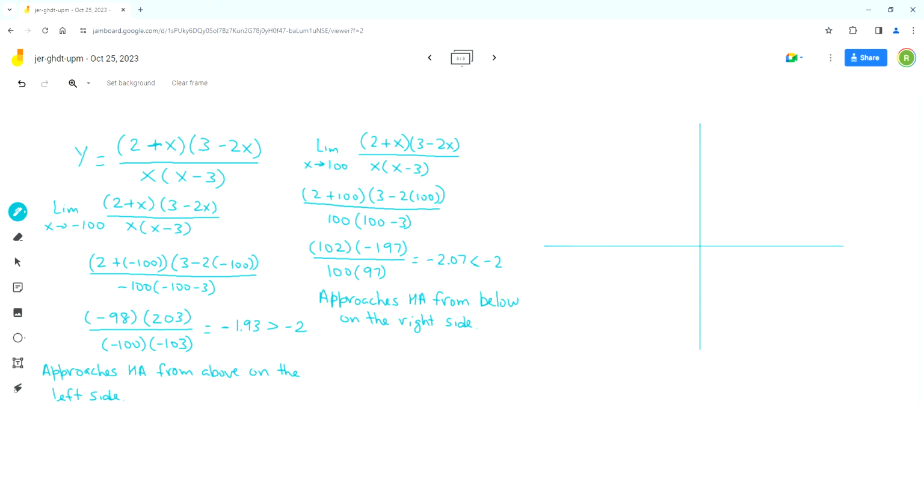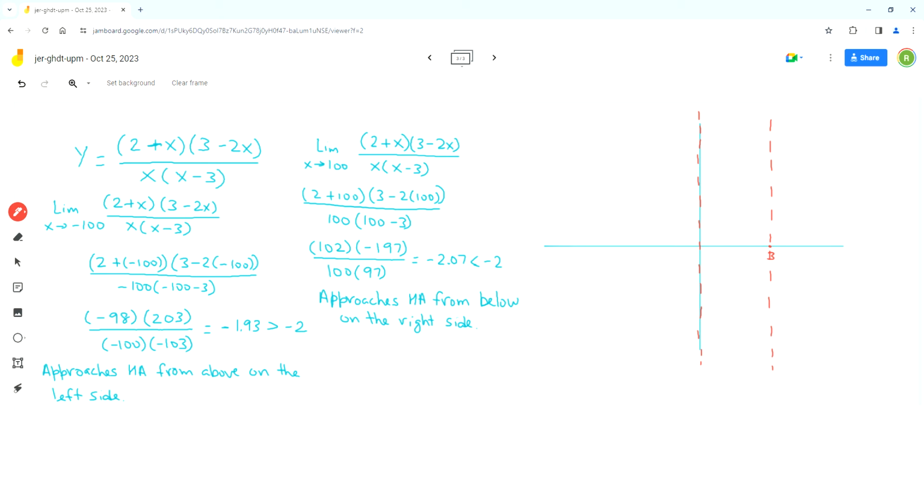So let's start with the vertical asymptotes. So the vertical asymptotes are at 0 and 3. So this is our first vertical asymptote, and we can assume 3 is here, and so this is our second vertical asymptote.